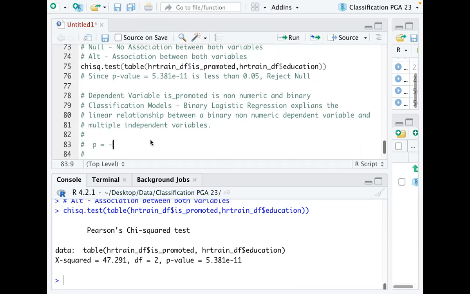P is equal to e to the power of beta 0 plus beta 1 x1 plus beta 2 x2 plus beta 3 x3 till beta n xn, over 1 plus the same expression.